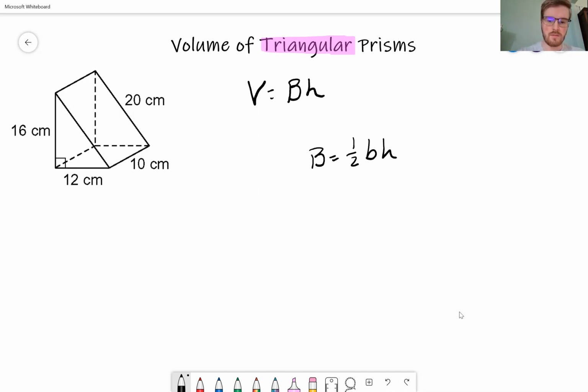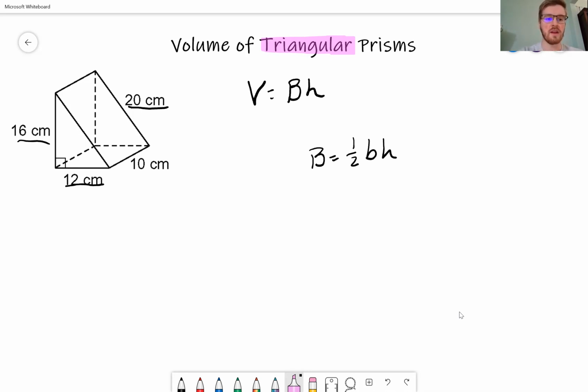All right. So there are 3 different measurements here that all are on a triangle. We have 20, 12, and 16 centimeters. Which of those 3 are we going to be using in the formula? Well, if you remember back when we were doing the review of area of triangles, I said look for that right angle symbol.